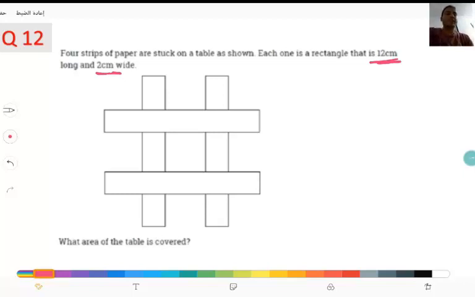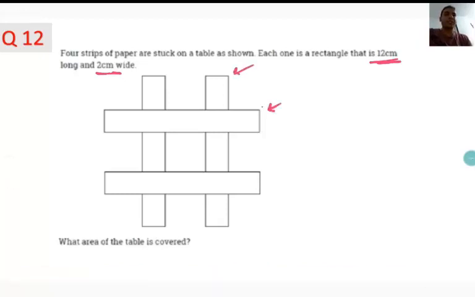So these 4 strips will cover the area below them. But focus here: one strip is put on top of each of these 2, and the other one is put on top of these 2 strips as well.